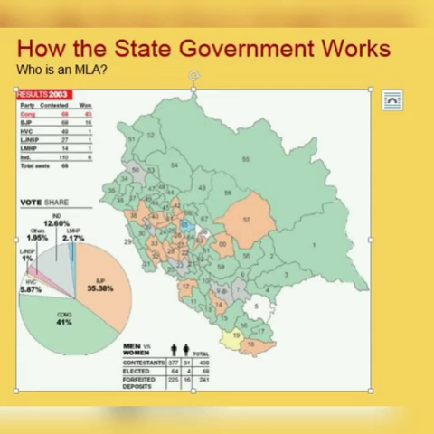Since the total number of MLAs in the Legislative Assembly is 68, a political party would have needed more than 34 MLAs in order to gain a majority. Majority means more than half. The Indian National Congress with 43 MLAs had the majority and became the ruling party, and all other MLAs became the opposition.